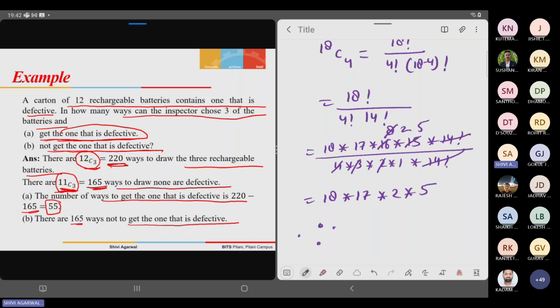So three ways I told you: permutation, combination, multiplication. There are three ways to find out the number of elements in the sample space and any event according to the given information. Is it okay?